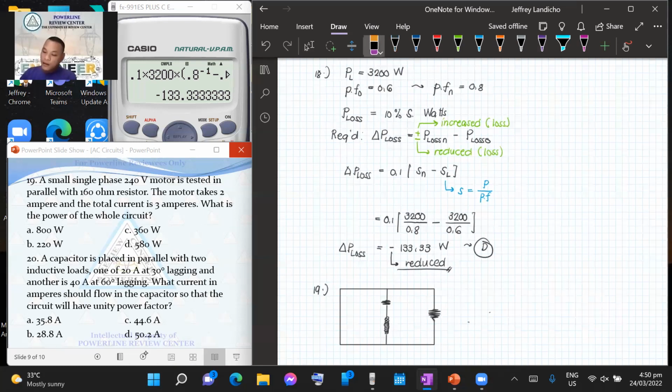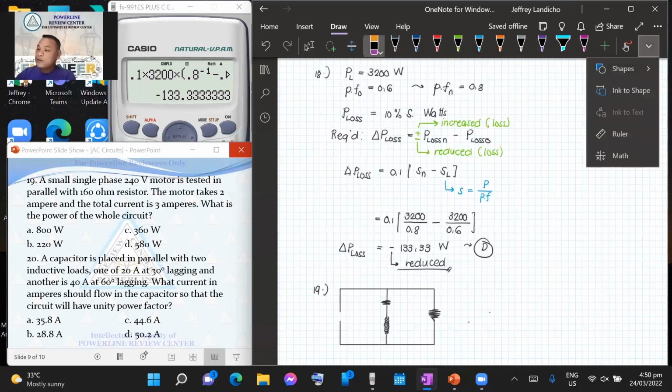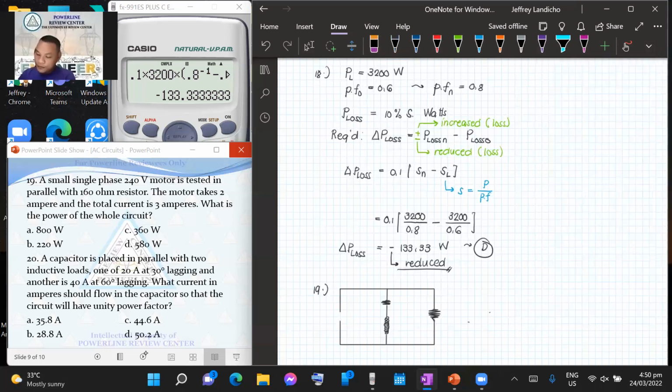Okay, connected to our source voltage, 240 volts.